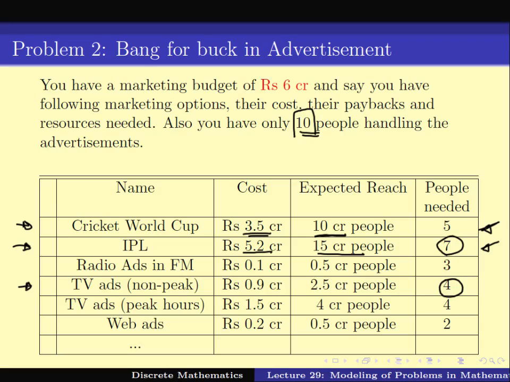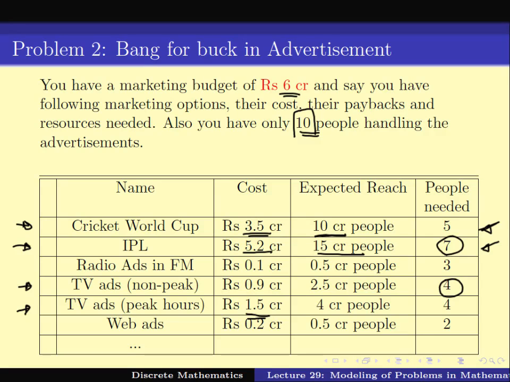At the end of the day, I also have only 6 crore. So I cannot invest, for example, in IPL and TV non-peak ads, because IPL will require 5.2 crores and this will take 1.5 crores. So in total I will require more than 6 crores.